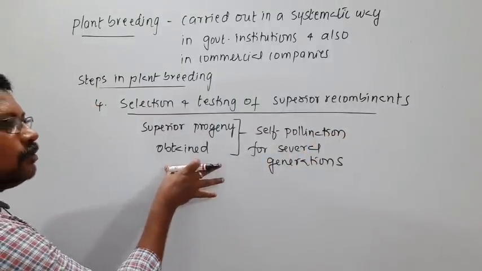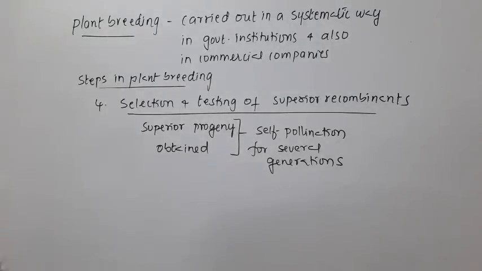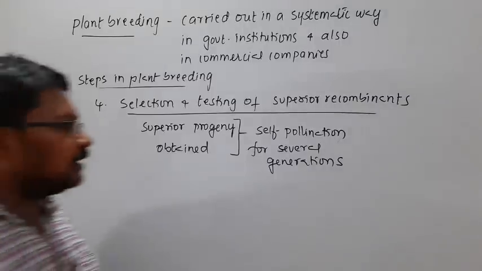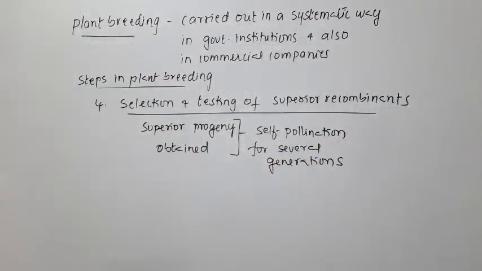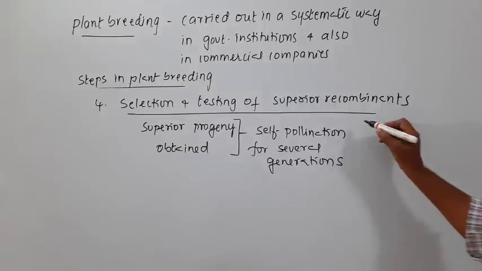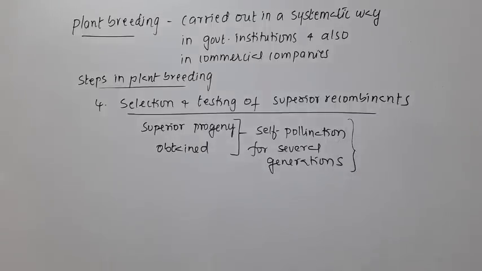When you go for this self pollination for several generations, it will help in producing the pure lines. The pure lines are the ones with the homozygous condition. So this step results in yielding a homozygous condition.